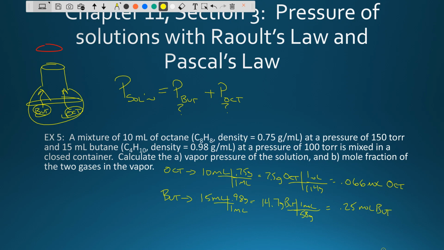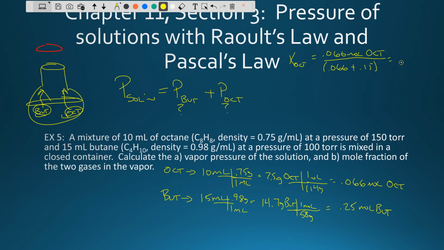Okay, so if I'm going to be figuring out my pressure of my different gases, let's do the pressure of my octane first. To find my pressure, I have to find my mole fraction. So let's find my mole fraction of my octane by taking the 0.066 moles of octane divided by the sum of those two, 0.066 plus my 0.25.